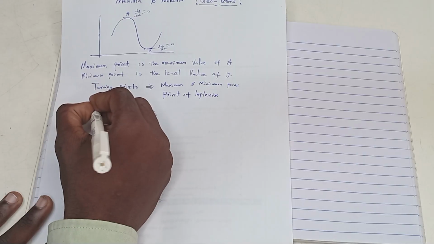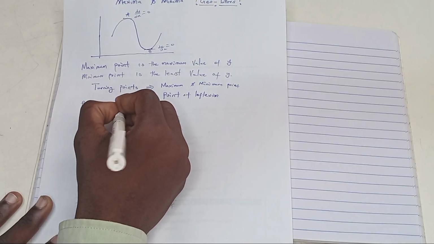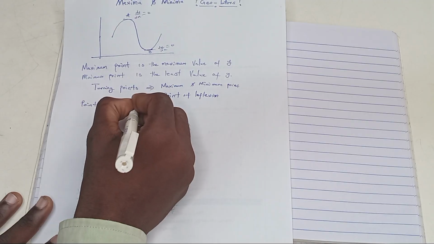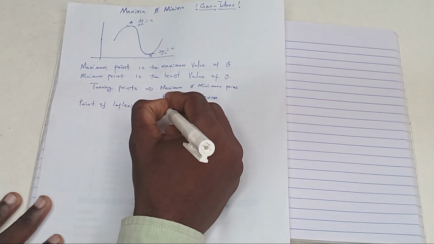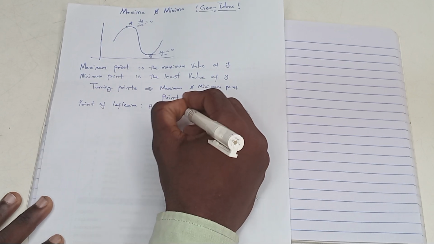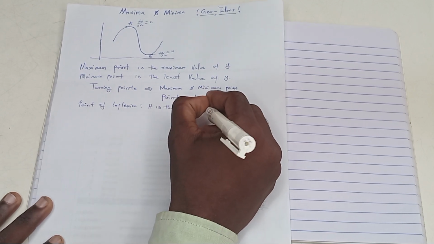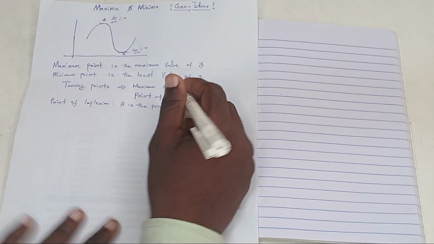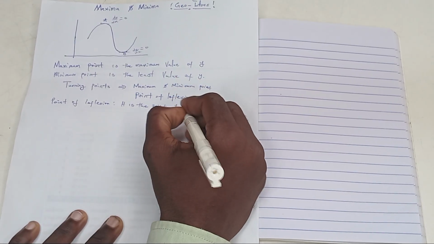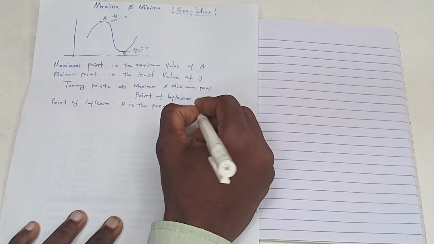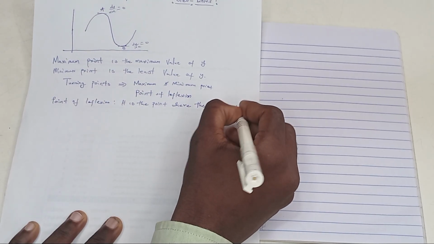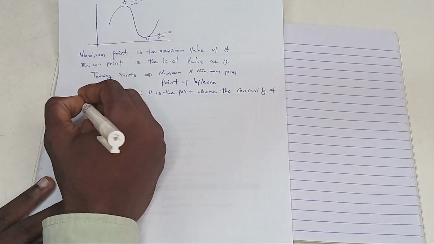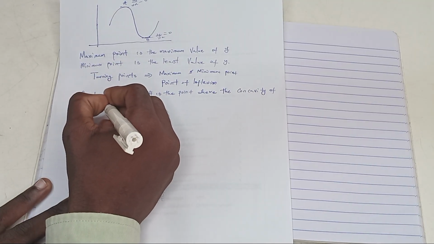A point of inflection is the point where the concavity of a curve changes.